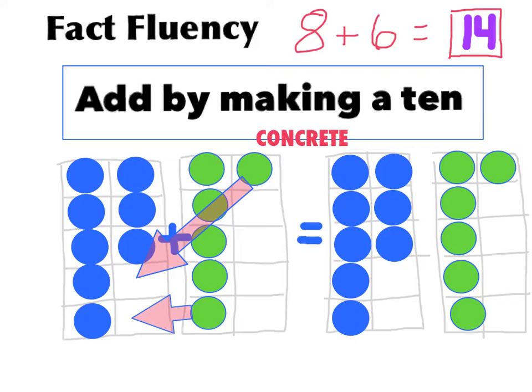With their 10 grids, the students will be able to physically have 8 on one 10 grid, 6 on another. They can physically move 2 of those blocks to build that 10 and then represent 4 remaining. 10 and 4 give us 14, just as 8 plus 6 gives us 14.